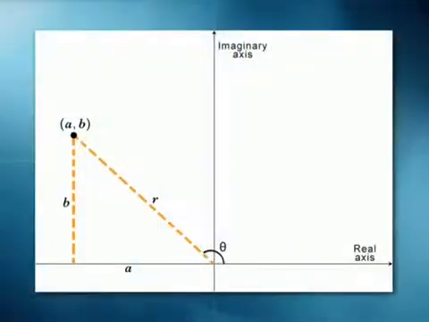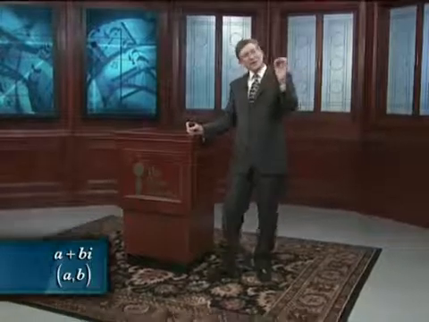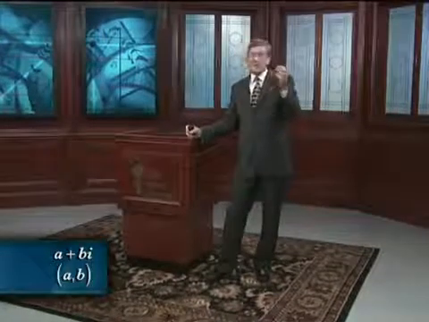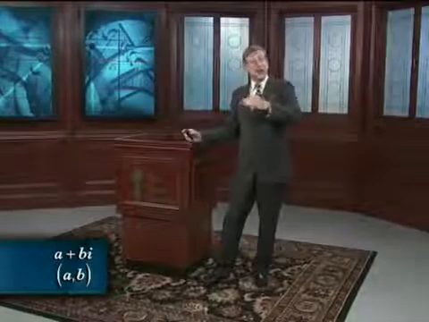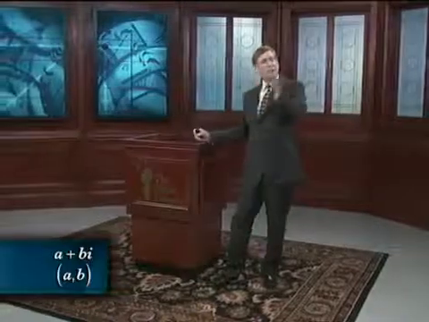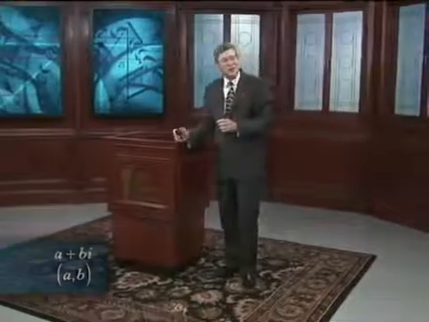Now, if a comma b is in the plane, it has some components. a is the distance along the x-axis, b along the y-axis, and r is the distance to the origin, the absolute value of that number. So, in particular, r is often called the modulus, and theta will be the angle this complex number makes with the positive x-axis, just like in trigonometry.